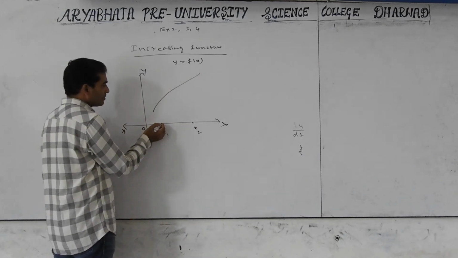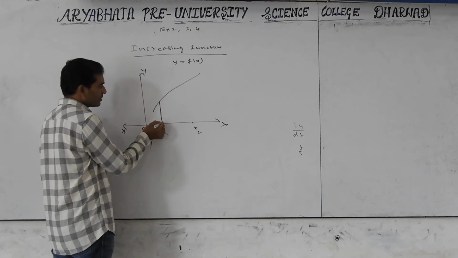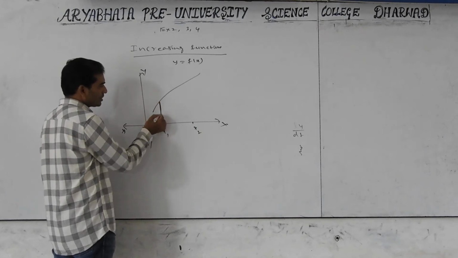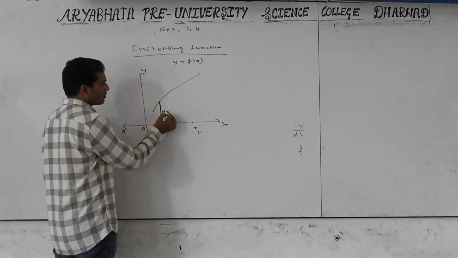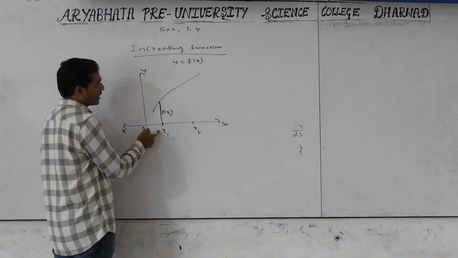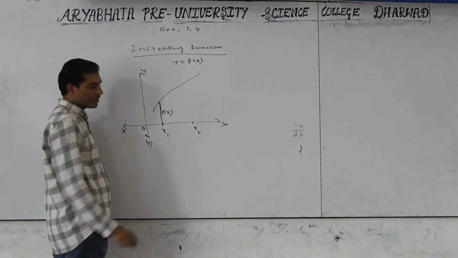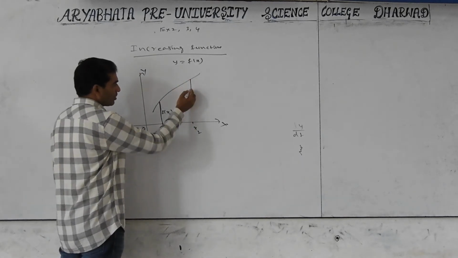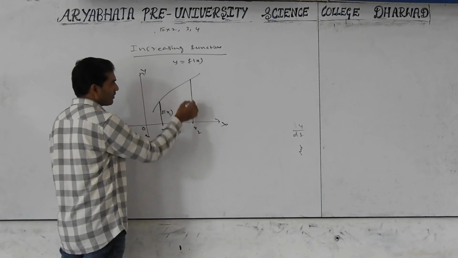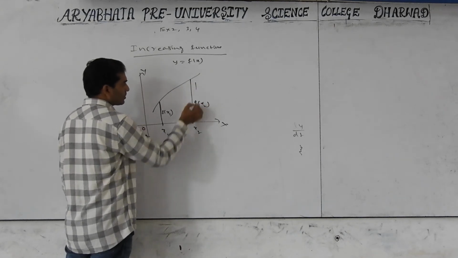At x1, how much is this length? This length is f of x1. Substituting this domain value x1 gives the range. This is y. At x2, what is the y value? f of x2.